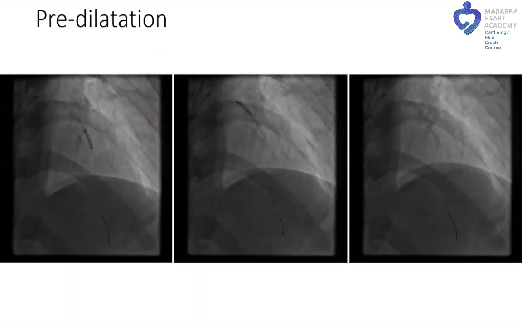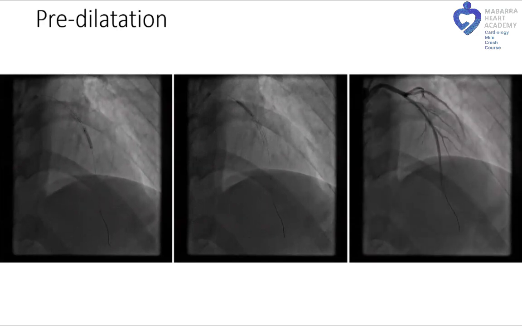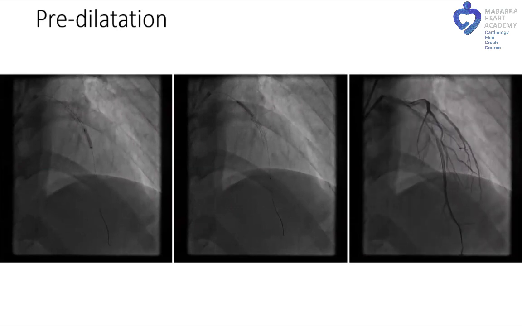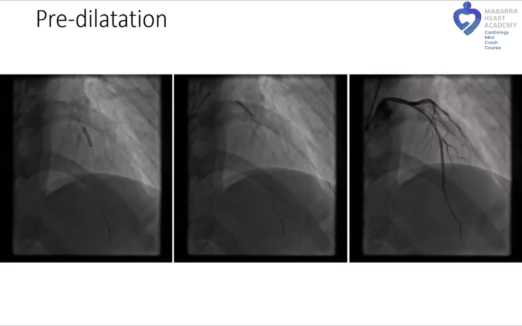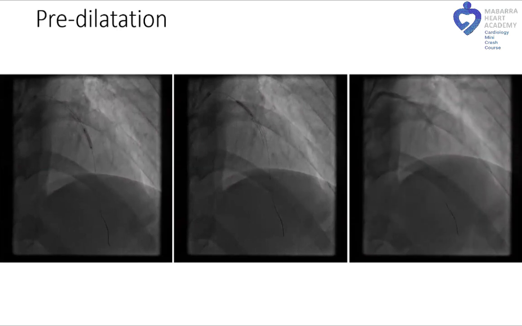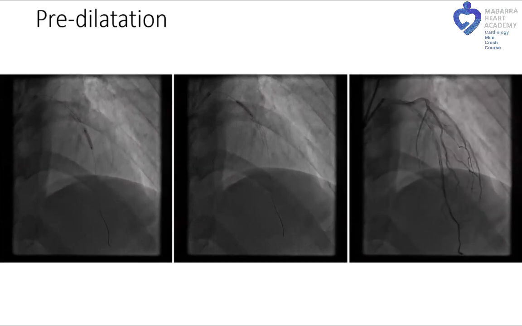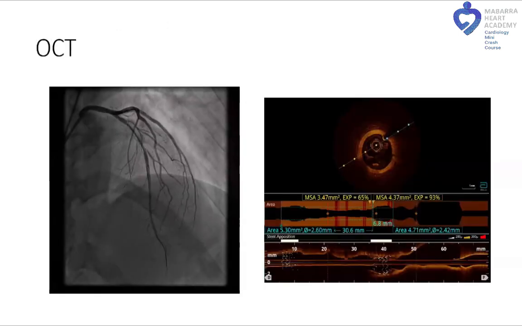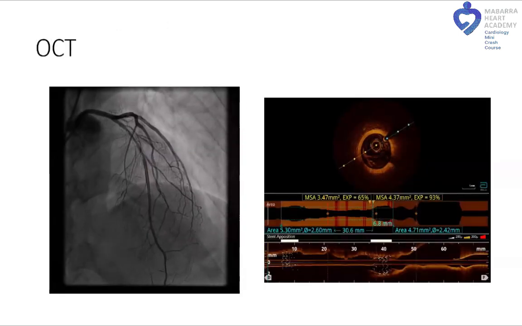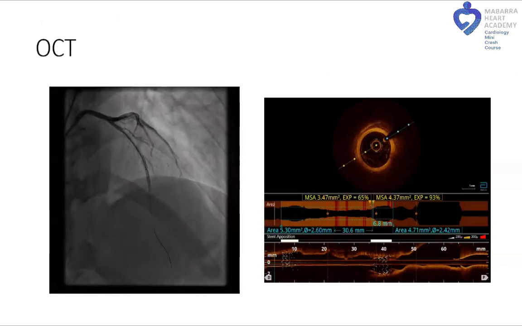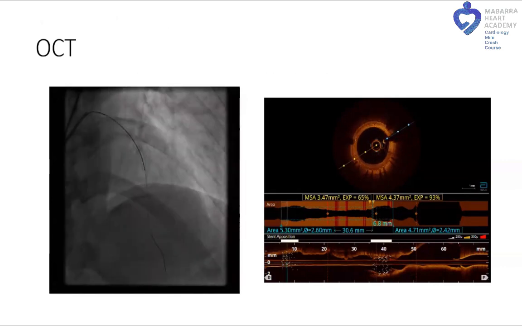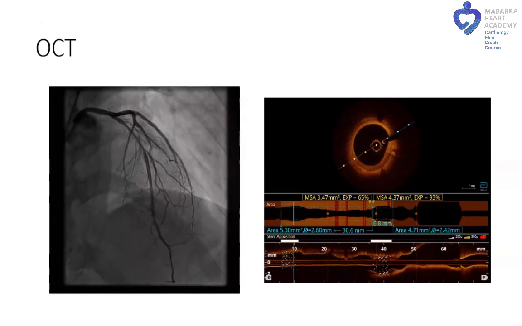So in this case, we pre-dilated with a balloon, basically to reestablish flow. And as Dr. Fawaz mentioned, OCT can be very helpful in these scenarios to identify the cause for stent failure. So we did the OCT run, and as you can see from the pullback, there was a lot of neointimal hyperplasia.